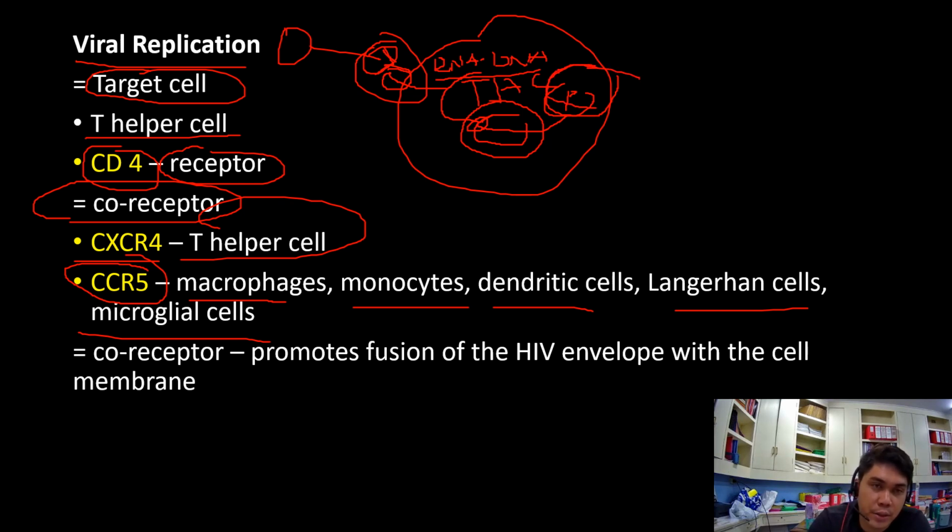Budding is where it extends, boom. Once extended, you'll have a new variant that is capable of infecting another host cell. Okay, so that's the viral replication of HIV.